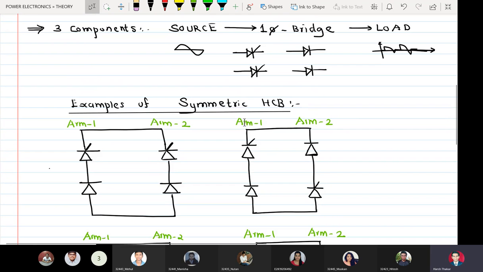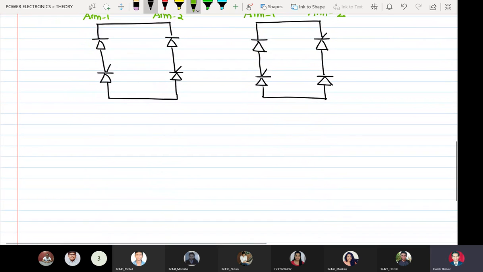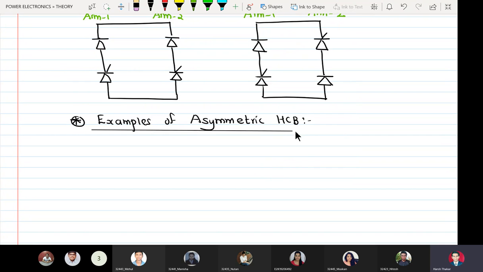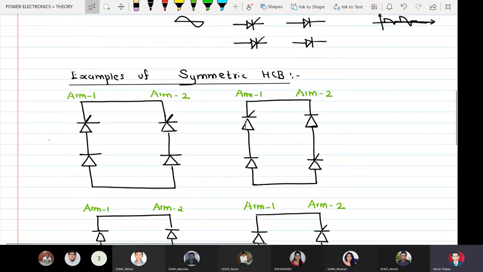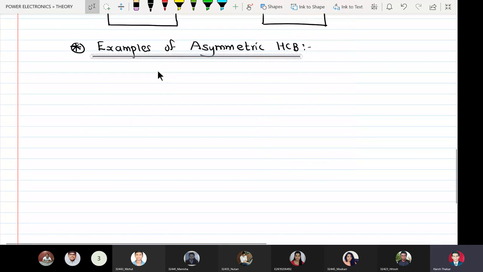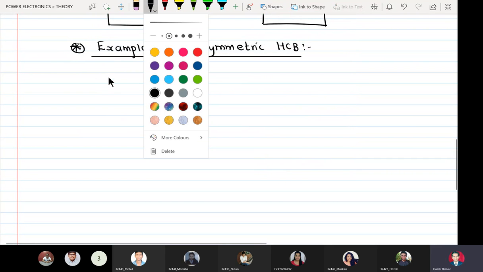Now we go to the possibilities of asymmetric HCB. The definition is each arm need not have one SCR. It's very, very simple, simple drawing only.